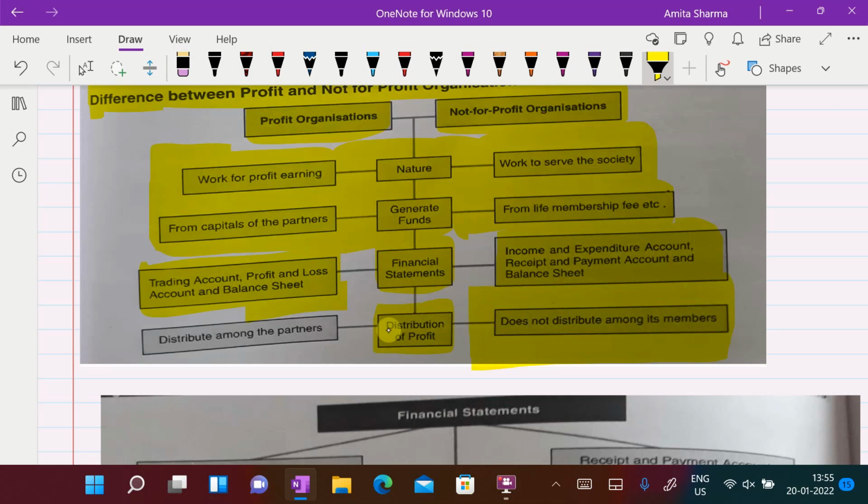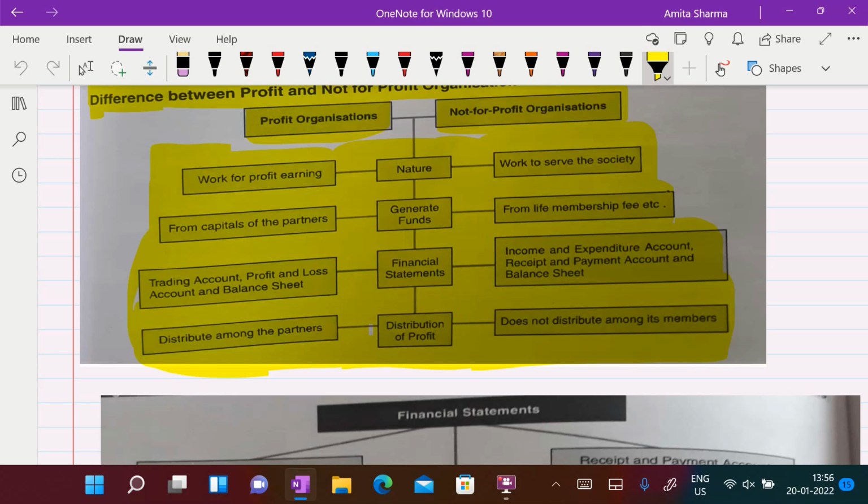And here, in a profit organization, any profit derived will be distributed among the partners according to their profit sharing ratio. So this is the basic difference between profit organization and not for profit organization. With the help of this mind map, you can recall it anytime.